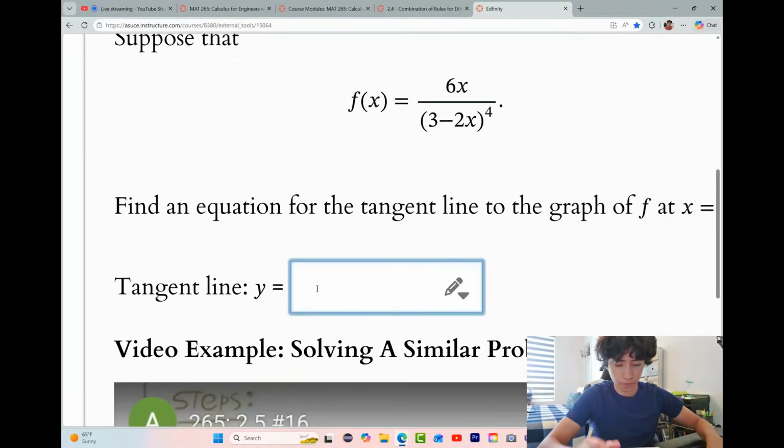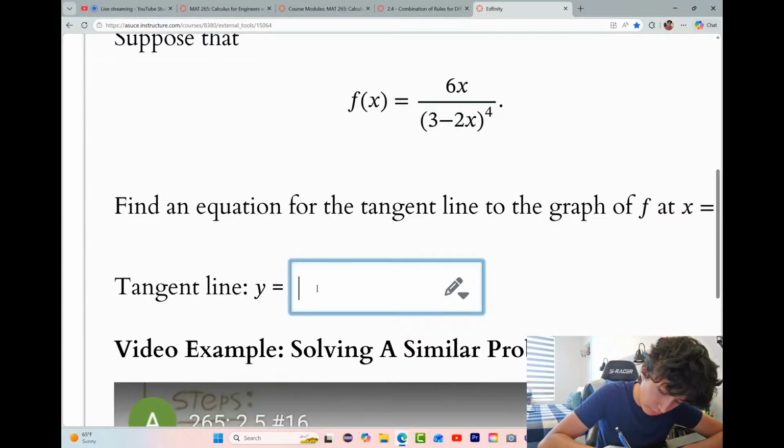And then we must do the point slope form, y minus y1 equals m times x minus x1. So y equals m times x minus x1 plus y1.